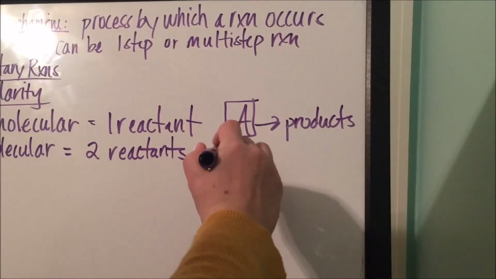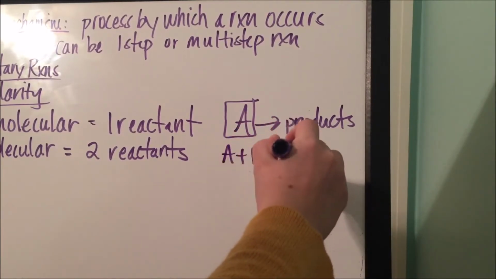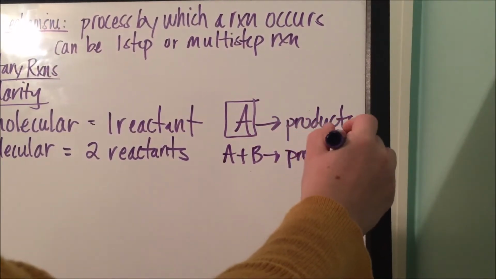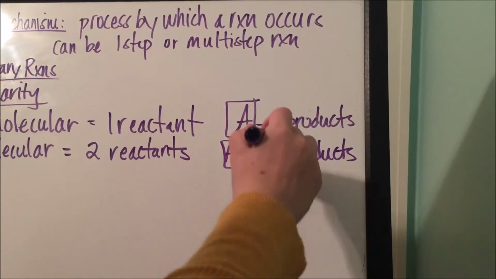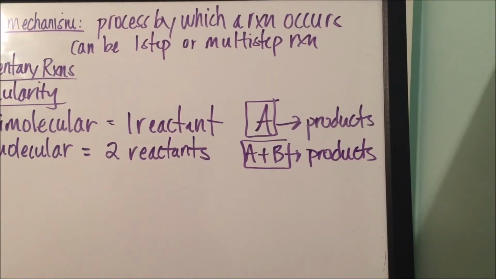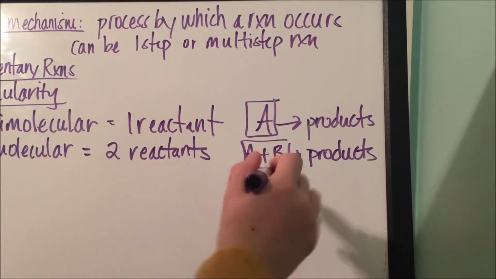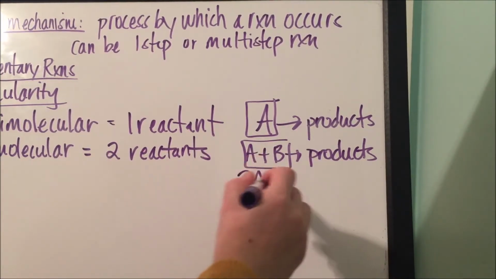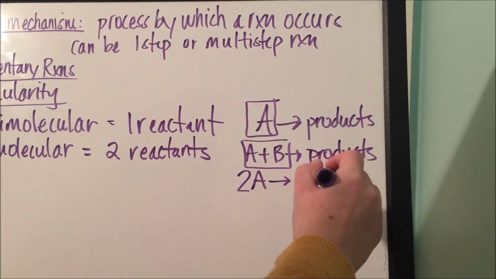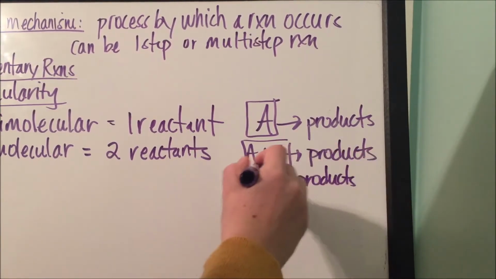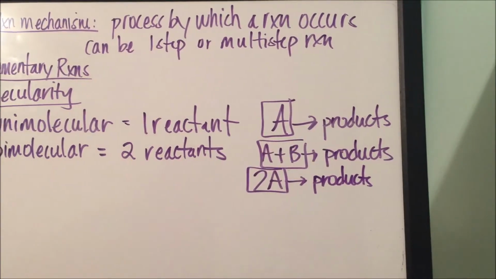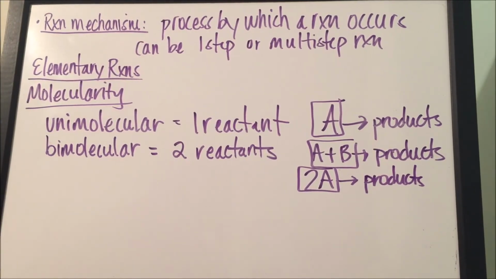We might have something like this, A plus B yielding products, where A and B obviously are my 2. But maybe we have something like A plus A, or a 2A scenario, yields products, because that's still 2 reactants. So both of those would still be bimolecular, 2 reactants.